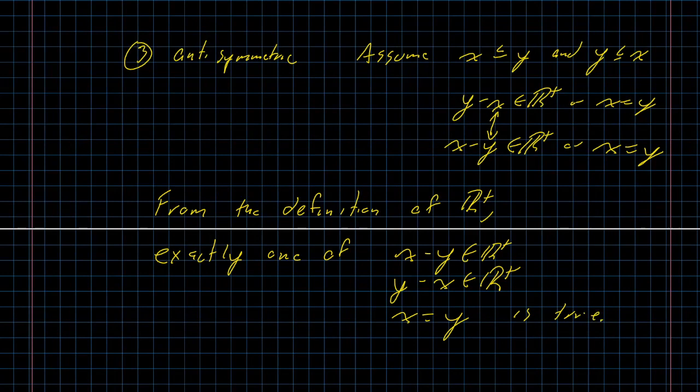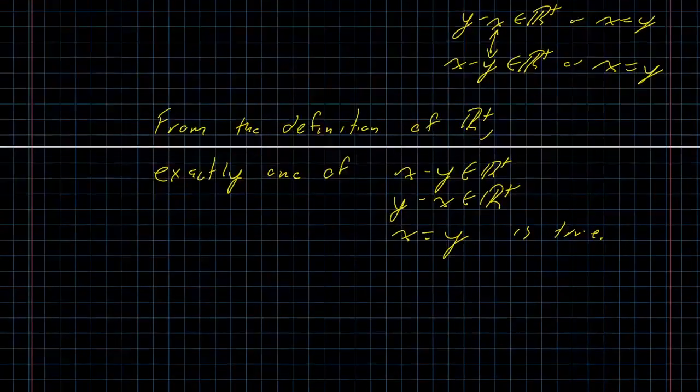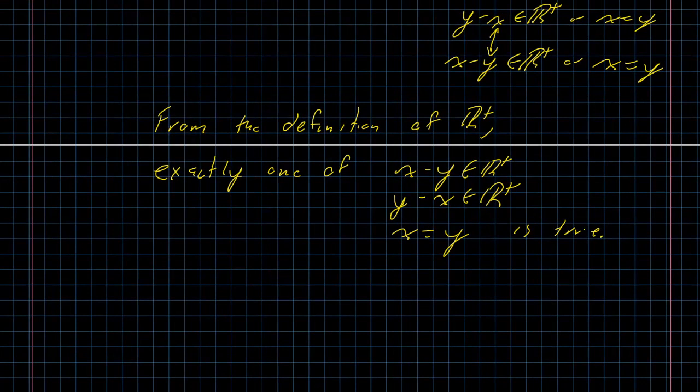From the definition of the positive numbers, exactly one of these three things is true. The only choice which gives us both that x is less than or equal to y and y is less than or equal to x is the equals version.